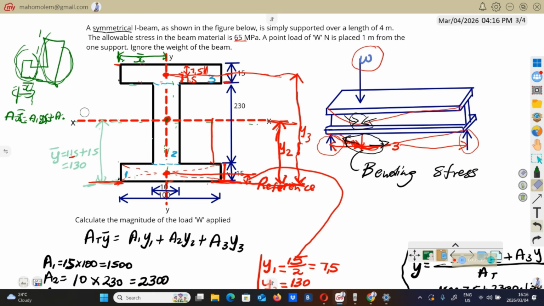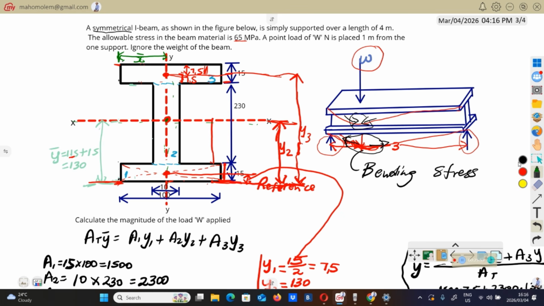So x bar will simply be this distance from here to there divided by 2. x bar is halfway, it has to be at the center of this thing. So it's going to be 100 divided by 2.